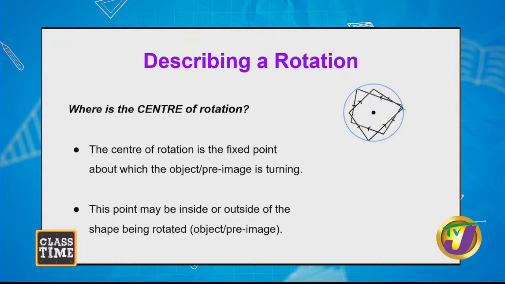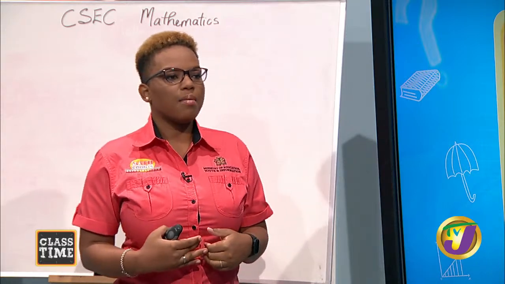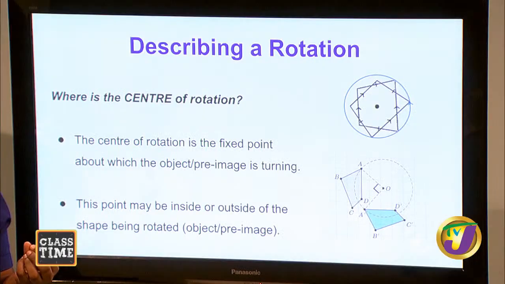By the way, if we were talking about the tile, this is an imaginary fixed point, right? We didn't actually see it literally, but we know it. And then, as you can see with the second image below, the center of rotation is outside of the image, represented at O on the diagram. So we're saying that it can be either inside or outside. And of course, it could also be a point on the vertex or some other point on the boundary of the object.